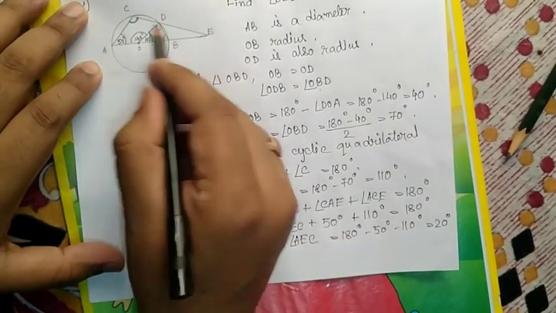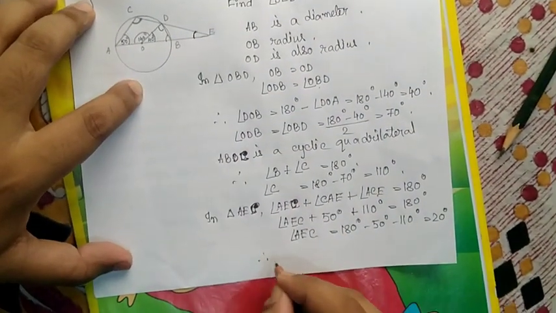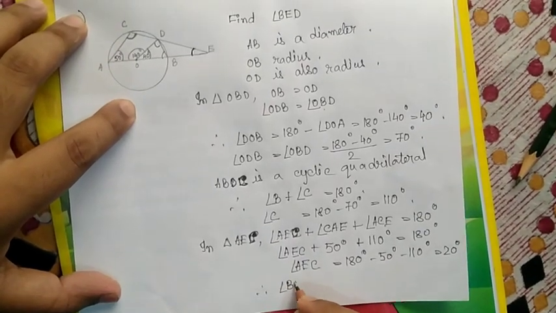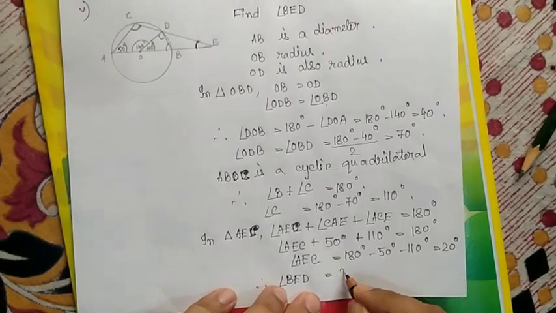Now angle AEC and BED both are the same angle. So therefore angle BED equal to 20 degree.